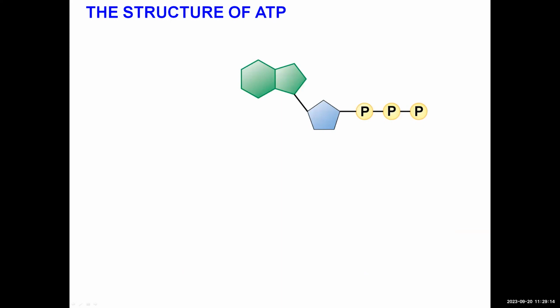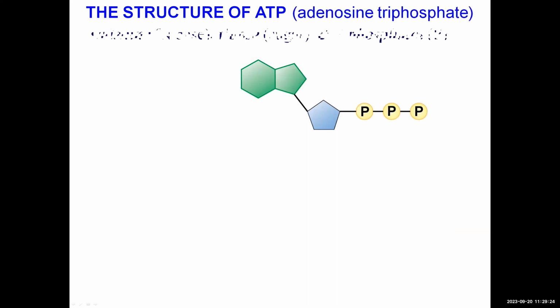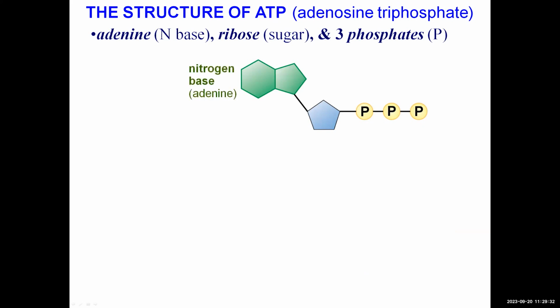The energy currency of cells is called ATP, or adenosine triphosphate, a nucleotide. The parts are adenine, the nitrogenous base, ribose as a pentose sugar, and three phosphates.